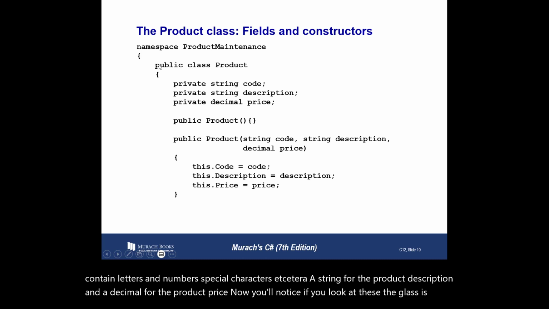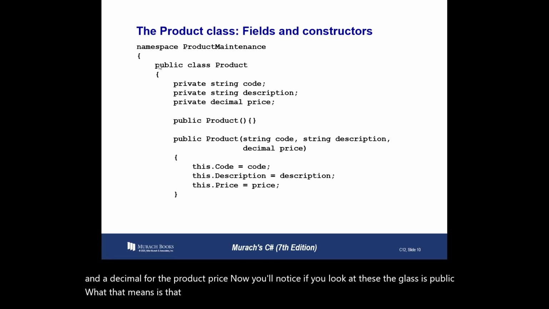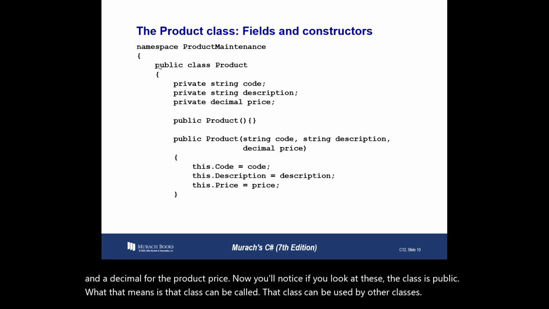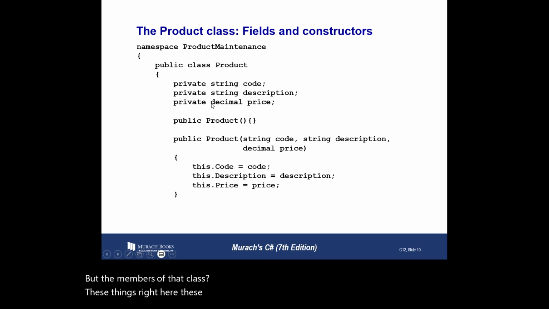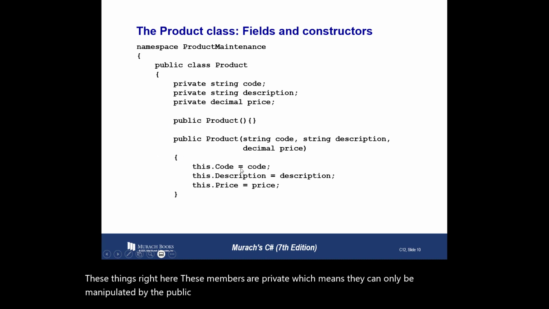What that means is that class can be used by other classes. All right? But the members of that class, these members, are private, which means they can only be manipulated by the public methods inside of the class.